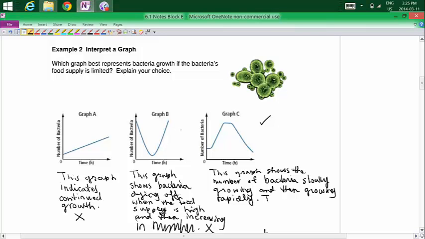Population remains stable for a period of time.